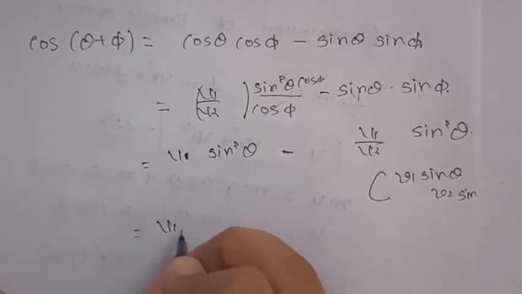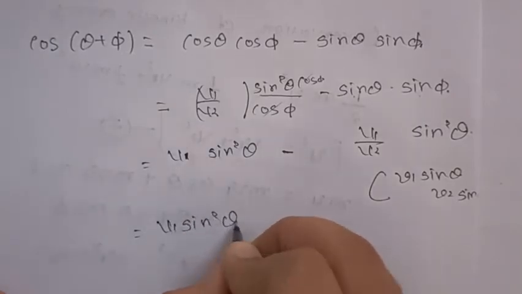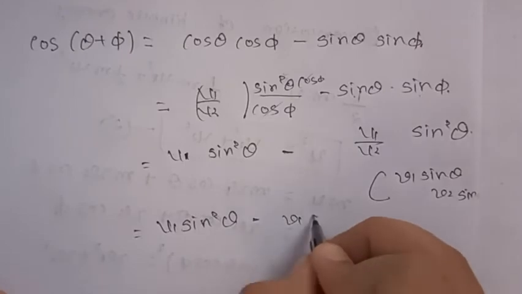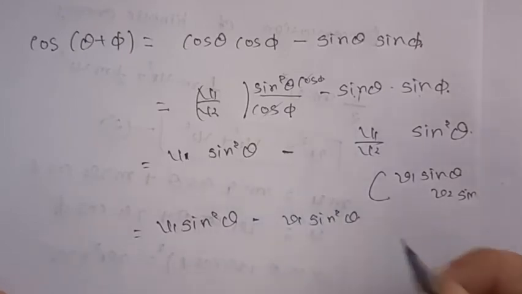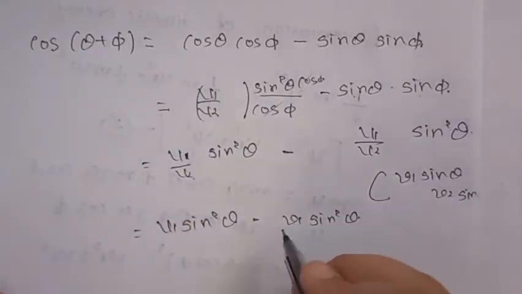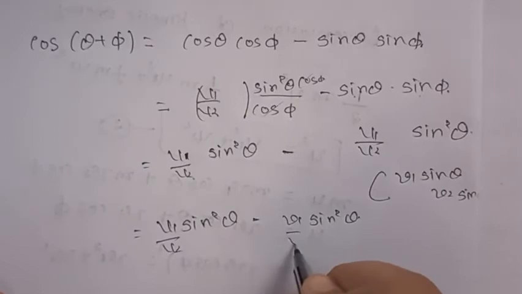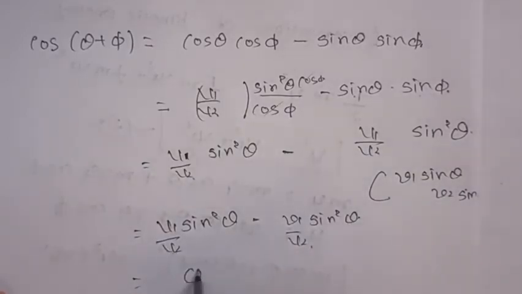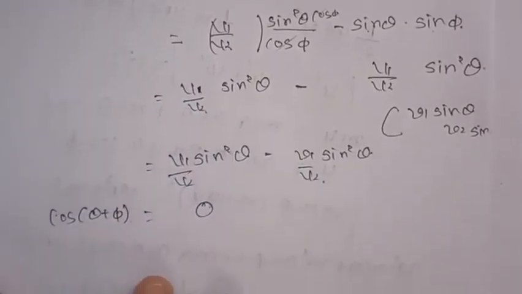So we will get v1 sin square theta minus v1 sin square theta, divided by v2. So this will be 0. So we can write cos of theta plus phi is equal to 0.